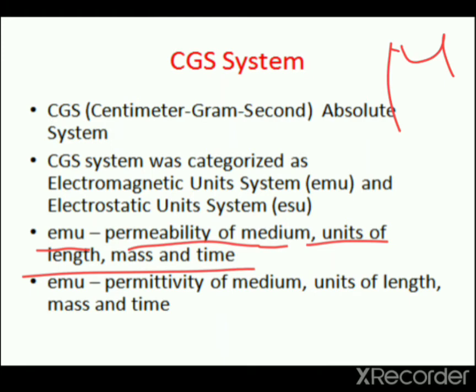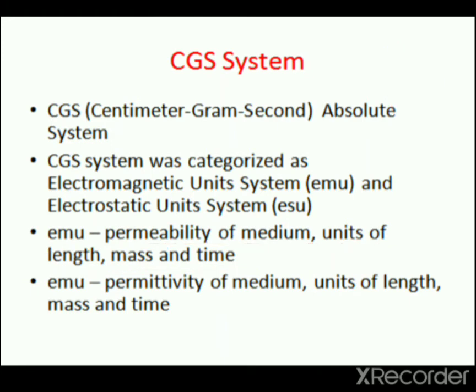The permeability of free space, mu 0, is taken as unity, that is 1. We may define unit magnetic pole as the pole exerting unit force on a similar pole located at 1 centimeter distance.